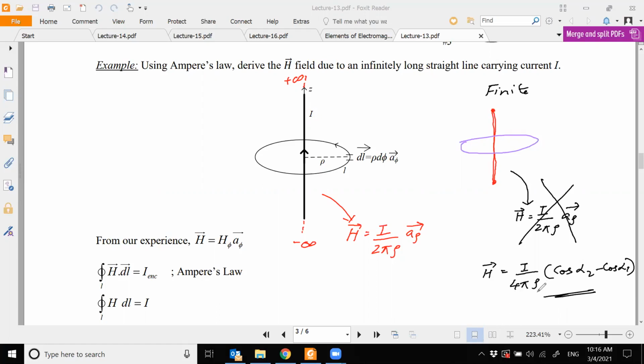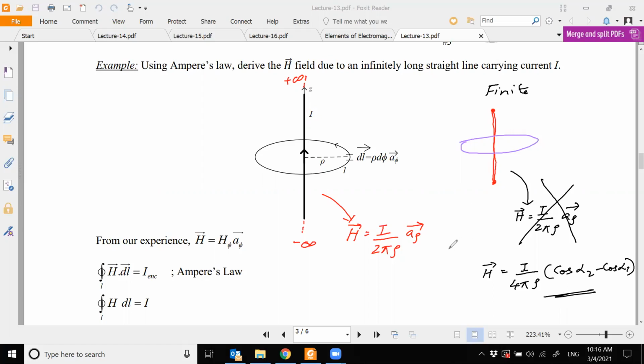Wow, so what is happening here? It seems that Ampere's law is failing. We are getting a feeling that Ampere's law is failing, but this is not correct. Ampere's law is intact.